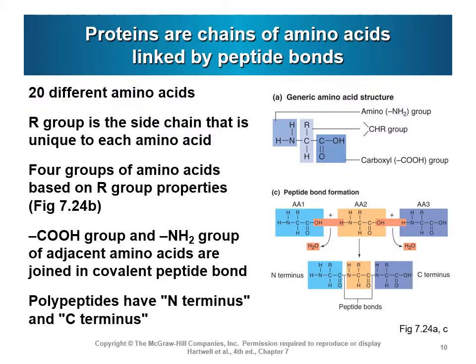It's the amino group, the N terminus, it's the carboxyl group, the C terminus, and also it's the variable R group, which is the different side chains that are unique for each amino acid.